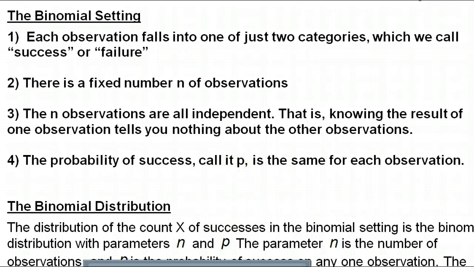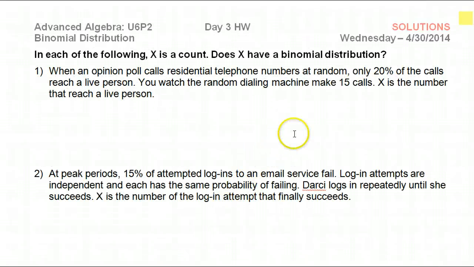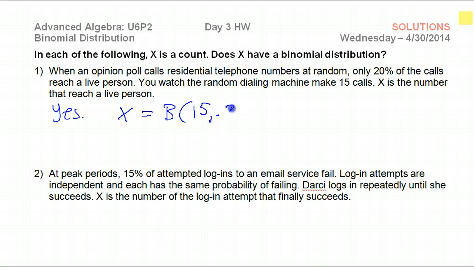And yeah, for all outcomes, the probability is 20%. So this does have the binomial distribution. And we could write our shorthand this way and say X is B. There are 15 calls, each at probability 0.2.